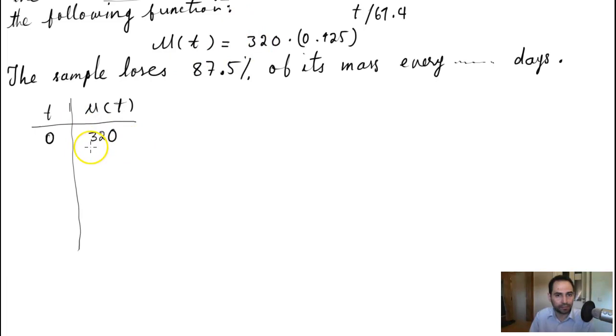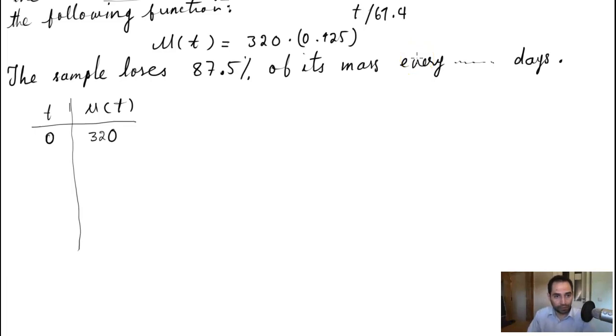This element is losing 87.5% of its mass every whatever days.